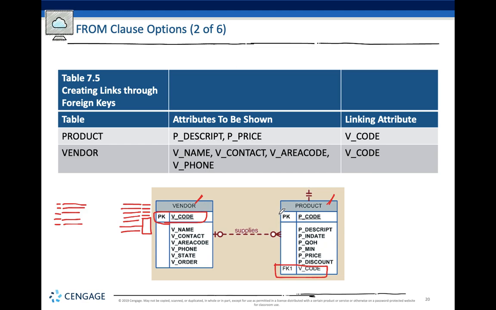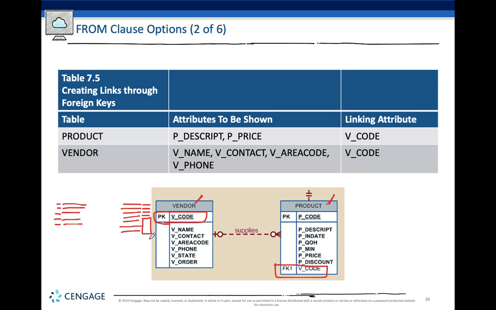So because we can have products in the table that are not being supplied by any vendor in the database, we could, for example, be manufacturing those products in-house. So those products would still be stored in the product table, but their vendor code would be null. Okay, and so this is perfectly okay.